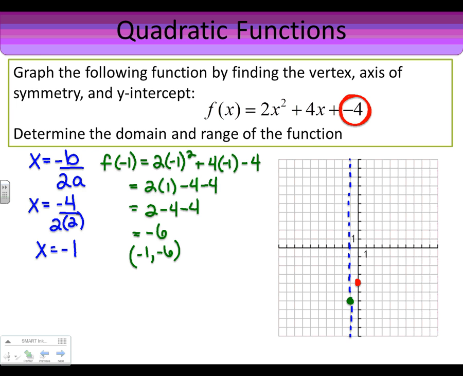Since a parabola is symmetrical, if I have that point on the right side, 0, negative 4, I have to have negative 2, negative 4 on the other side. Once you have your points plotted, make sure you draw a nice curved parabola shape. And there you go, graphing a parabola using the vertex, the axis of symmetry, and the y-intercept.